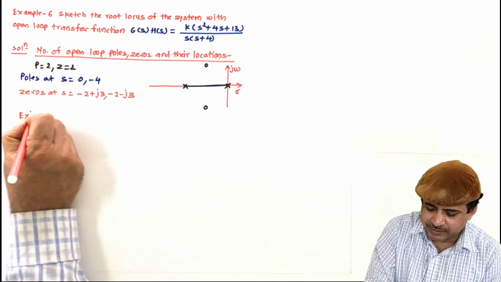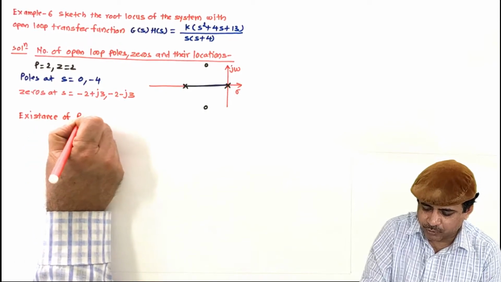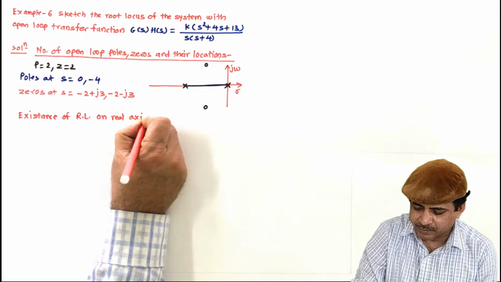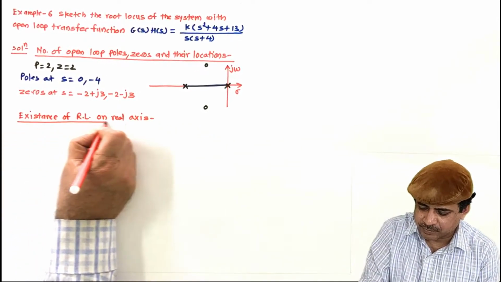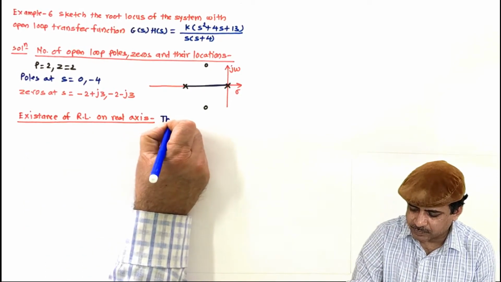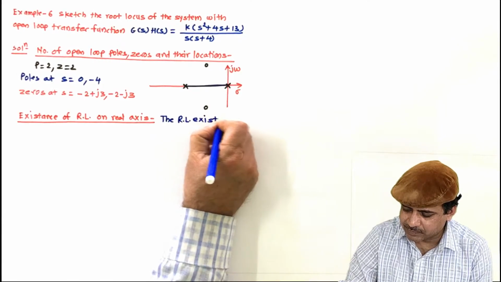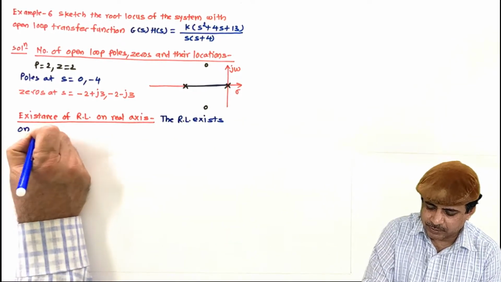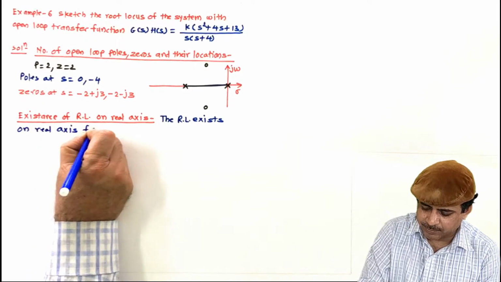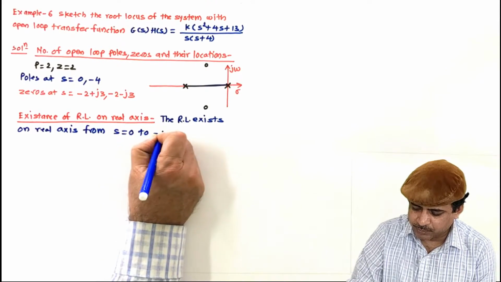Existence of root locus on real axis. So the root locus exists on real axis from s equal to 0 to minus 4.